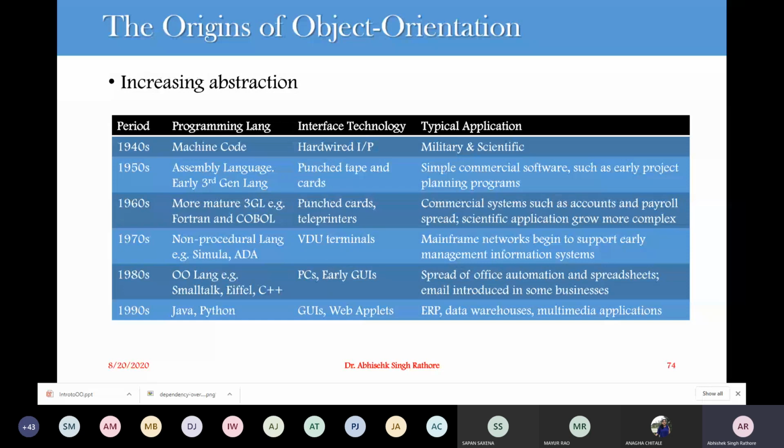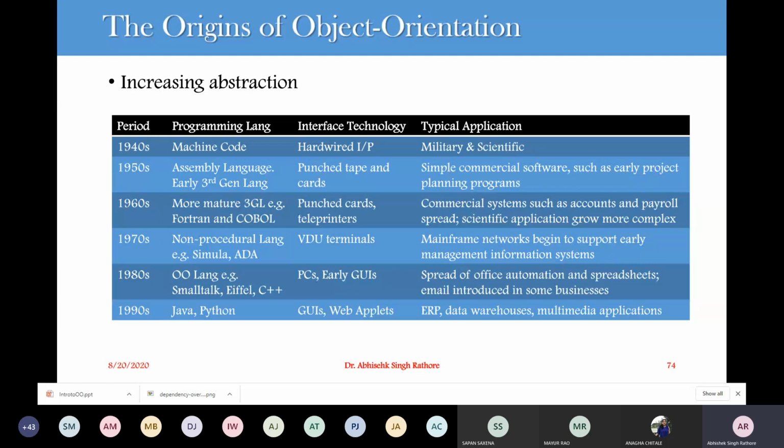In the 1950s, we have some simple commercial software like a planning program. Then in the 1960s, we have punch cards, and even teleprinters supported by Fortran and COBOL. So we have early commercial systems like an accounting system or payroll system, and even scientific applications are possible for development. Then we started non-procedural languages in the 1970s.